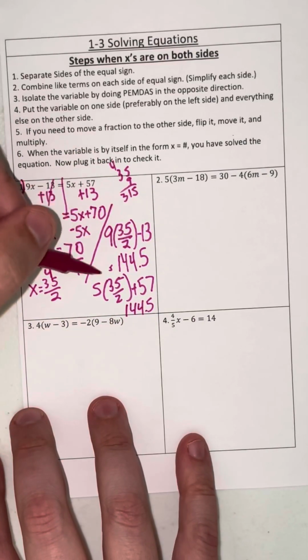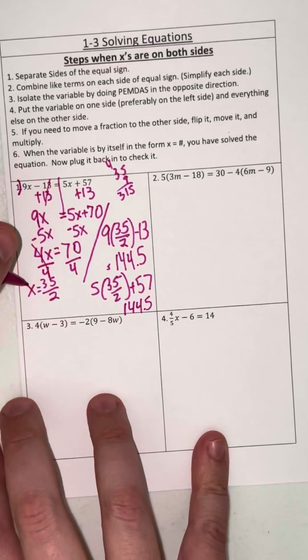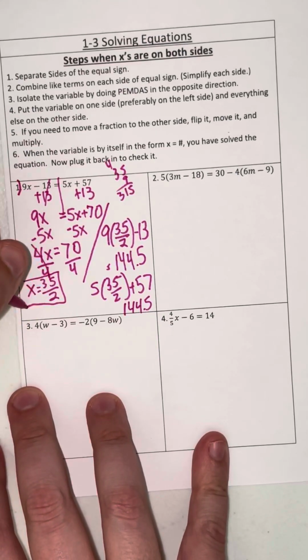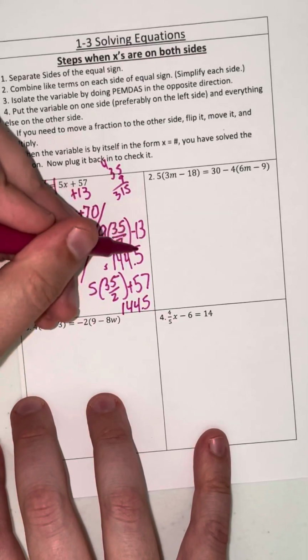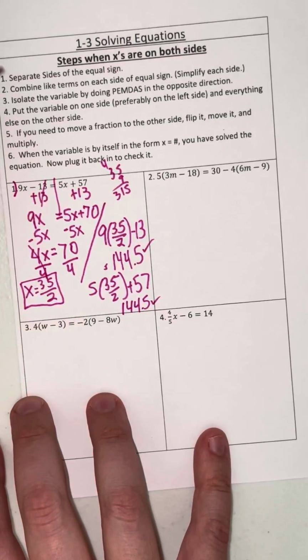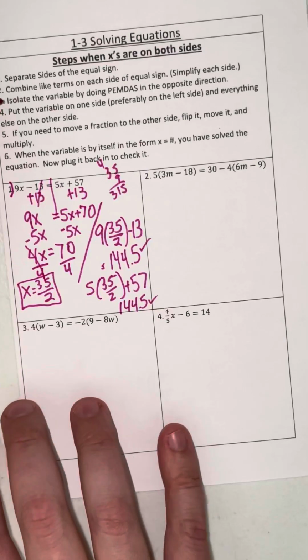So again, putting that in the calculator is going to be your best bet to work through that a little more quickly. But that's checking our answer. Both of those do check out, so x equals 35 over 2.